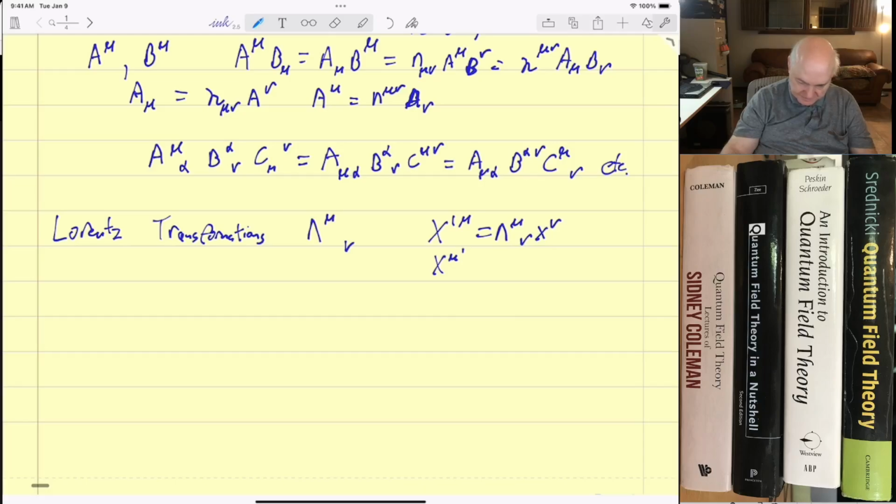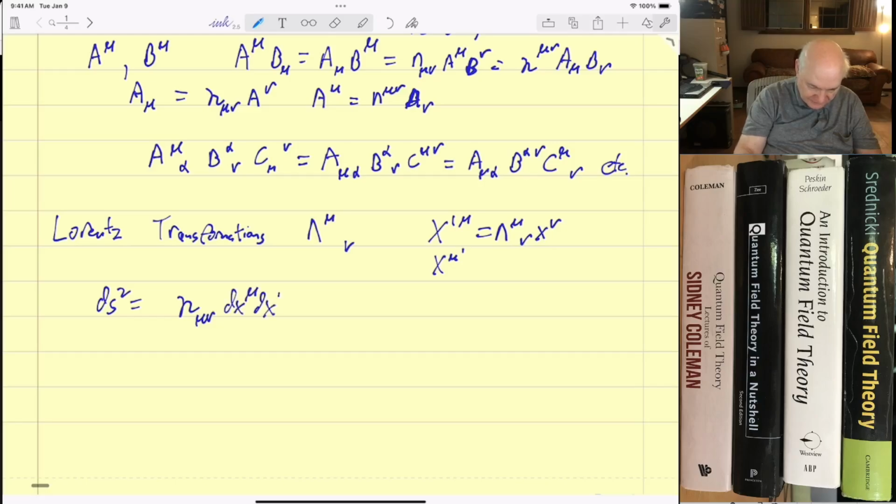And the main thing is we have to preserve the dot product of vectors. We have to preserve the metric. So if you think of something like ds² = η_μν dx^μ dx^ν, and this has to hold in the other coordinate system, the Lorentz transformed coordinate system.